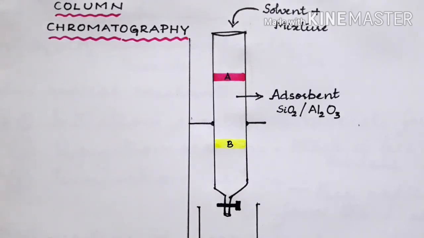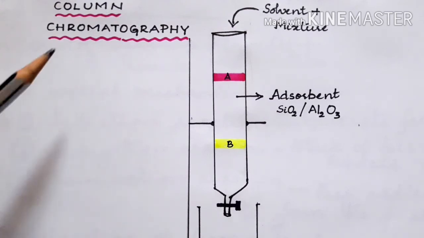The last method of refining of metals is done by chromatographic methods. This is the most efficient method of separation, purification, and testing the purity of elements and the compounds. This was first used by Tswett in 1906.